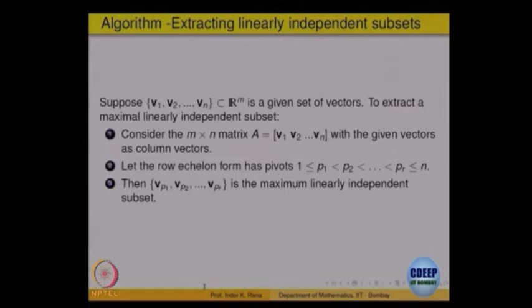So, the algorithm is: consider the M cross N matrix by writing these as column vectors. Once you have written them as column vectors, reduce that matrix to the reduced row echelon form or row echelon form, and look at the pivots P1, P2 up to PR. R is the rank. So, there are pivotal columns. Pick up those columns VP1, VP2 up to VPR.